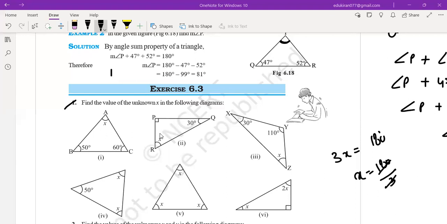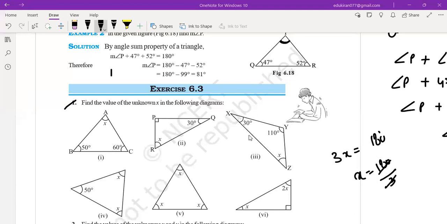Sindhu, you did the first, second, third. Ma'am, I did first. I did second, fourth, and fifth. Ma'am, I'm done. You can discuss the answers.